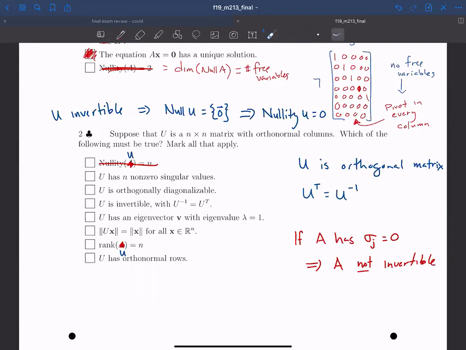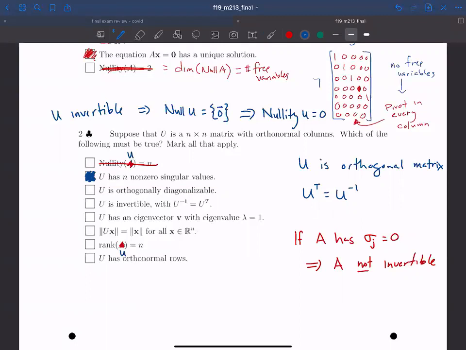So if a matrix ever has 0 as a singular value, then it can't be invertible. Now in this situation, we know that our matrix is invertible. Therefore, we know that all of the singular values have to be non-zero. So this one is true, because if it had 0 as a singular value, it would not be invertible. Everyone okay with that?